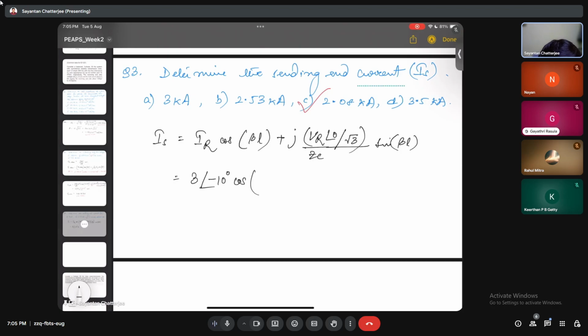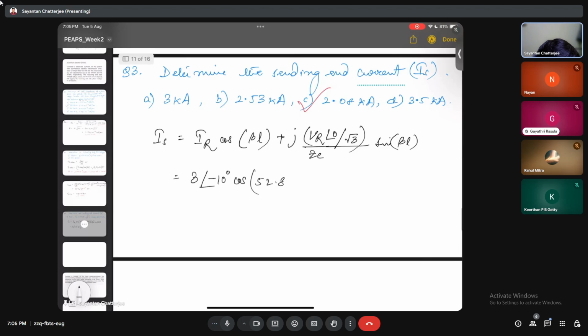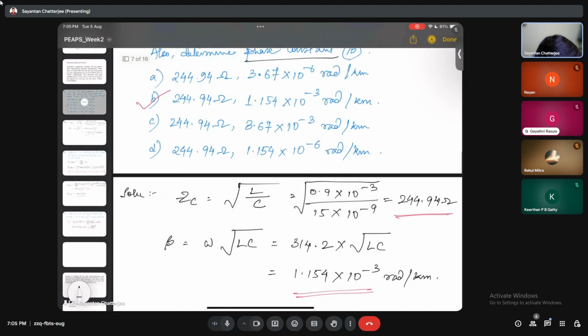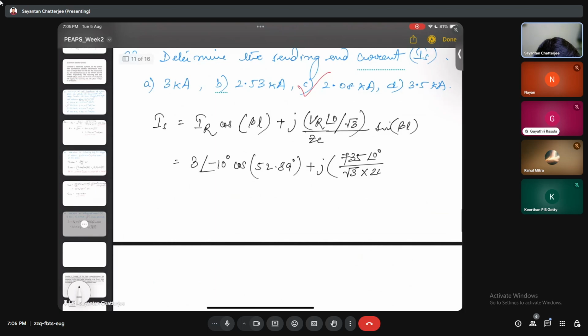Cos beta L we have already done, 52.89, plus j into VR, which is already known, 735 angle 0 by root 3, and ZC is 244.94, into sin 52.89.